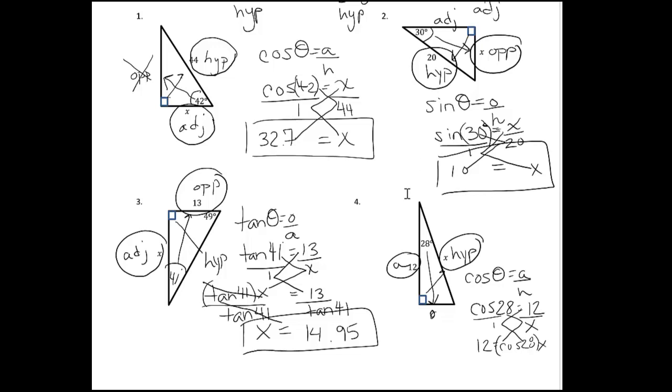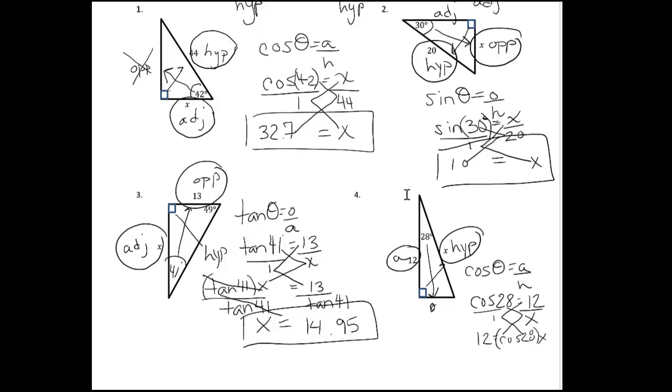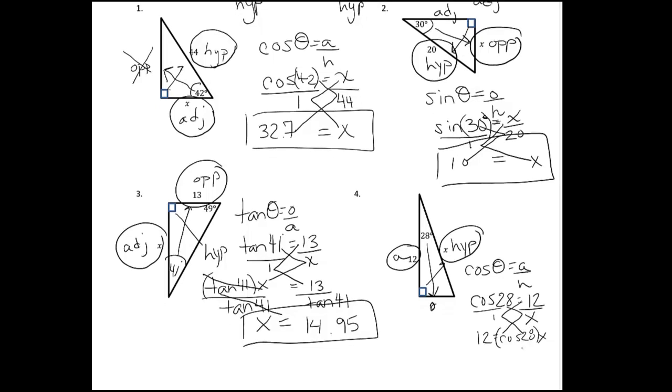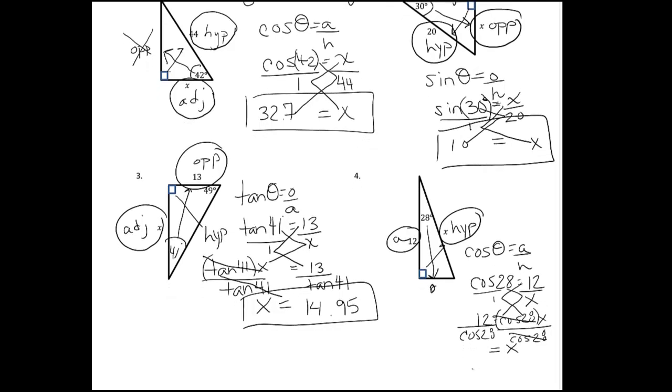And the only way to get rid of this cos of 28 would be to divide by cos 28 on both sides. And then I get x all by itself. And I'm going to type in my calculator 12 divided by cos of 28. And I get like 13.59. Make sure you're not just copying what I do, but also trying to make sure it works in your calculator too.